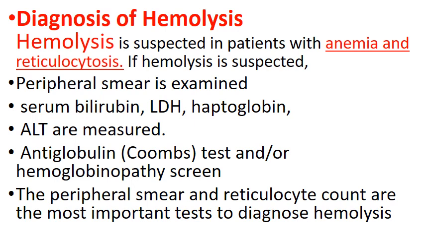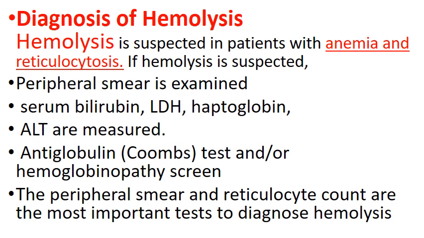Hemolysis is suspected in a patient with anemia and reticulocytosis. When a patient has anemia and an increased number of reticulocytes above the normal level in the blood, we suspect that the patient has hemolysis.